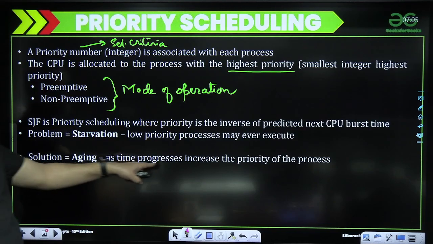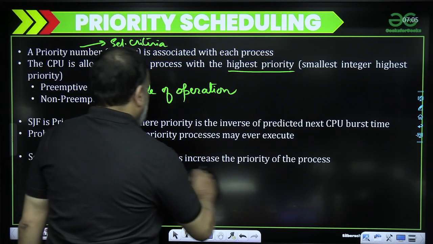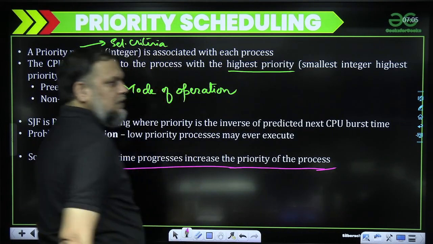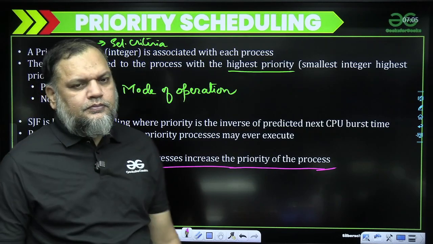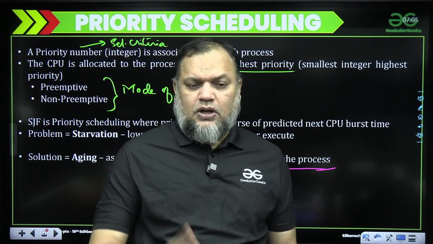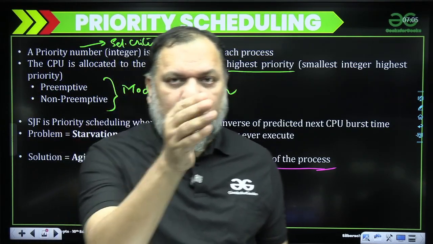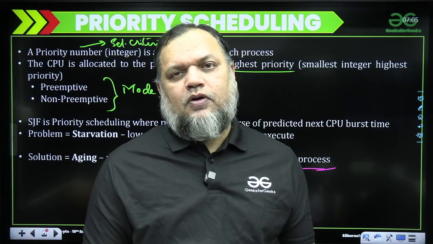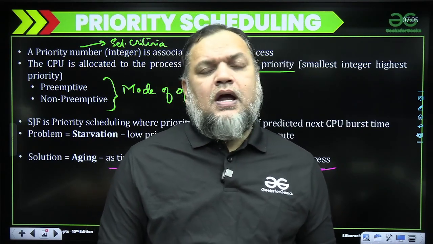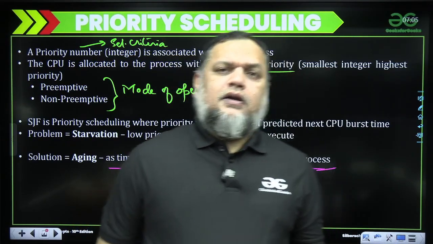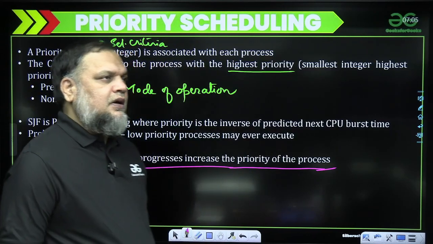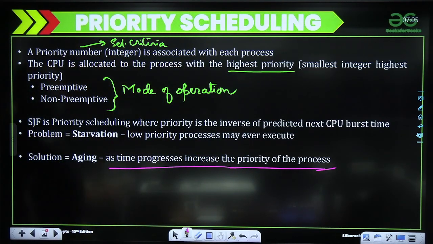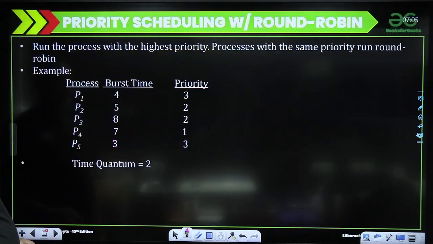That means as time progresses, increase the priority of the processes so that over a period of time, low priority processes become high priority. That is called the aging algorithm. With that approach, you can bring down the problem of starvation to a significant extent. Okay, so this is the approach of priority based scheduling.